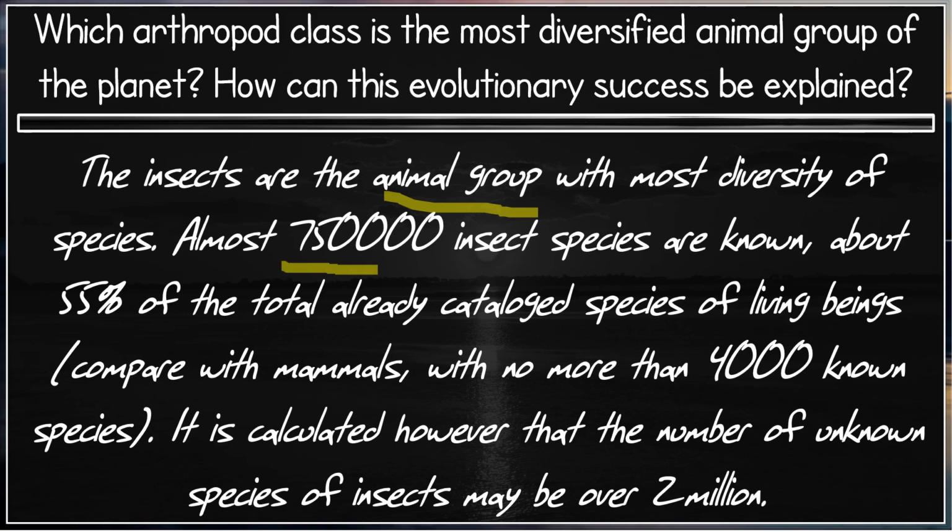Almost 750,000 insect species are known, about 55% of the total already categorized species of living beings, compared with mammals with no more than 4,000 known species. It is calculated, however, that the number of unknown species of insects may be over 2 million.